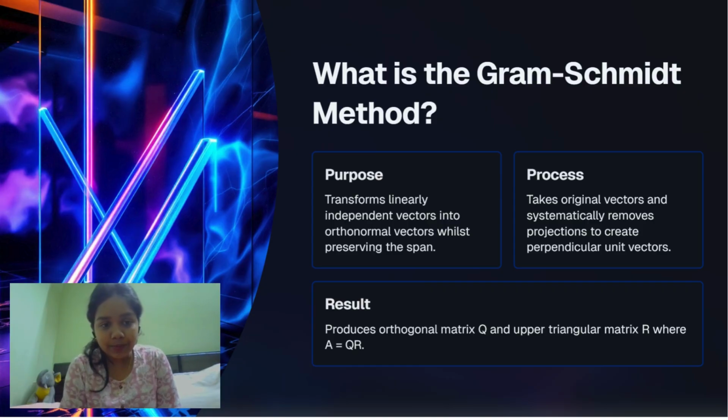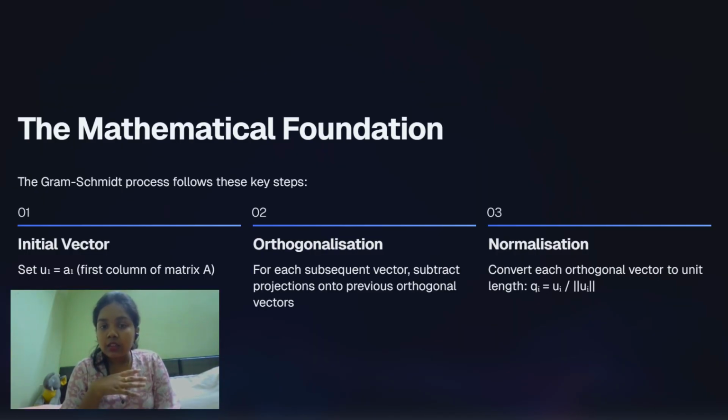So the next slide. Next, let's look into the mathematical foundation behind the Gram-Schmidt process. This method follows three main steps. Step 1 is the initial vector. We start by taking the first column of matrix A and we call it U1. This becomes our initial vector that we'll use to begin the process. Step 2 is orthogonalization. For every new vector that comes after, we remove its projections onto all the previous orthogonal vectors.